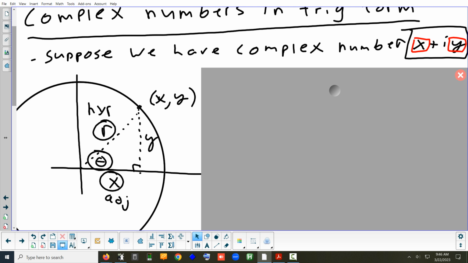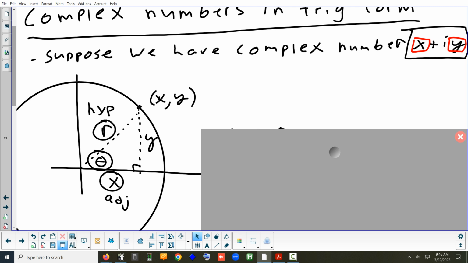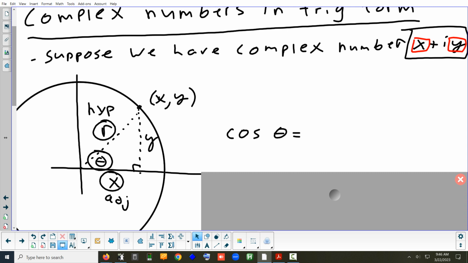And what trig function involves adjacent and hypotenuse? Yeah, cosine. Let's start with that. So the cosine of my angle equals, what would be my fraction on the other side? Adjacent over hypotenuse. And if you substitute in our values for what you just said, you would have?